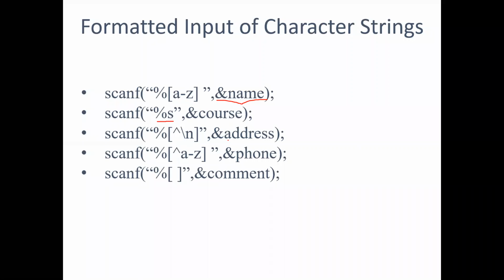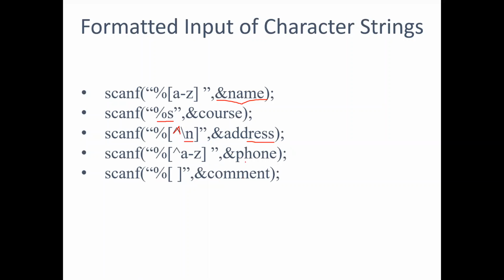Sometimes for a number you may enter a hash symbol, and you may put a comma also, right? In an address you may enter numbers, alphabets, special characters, so you want to accept everything except the new line. Until you enter a new line or the enter key, if you want to save it in the address location, you can use circumflex before new line.